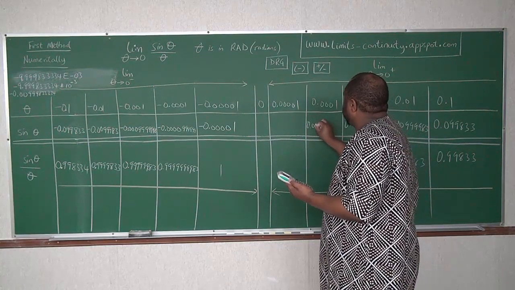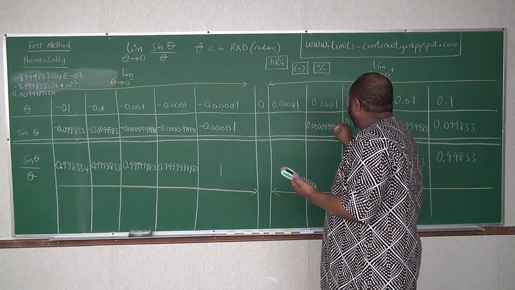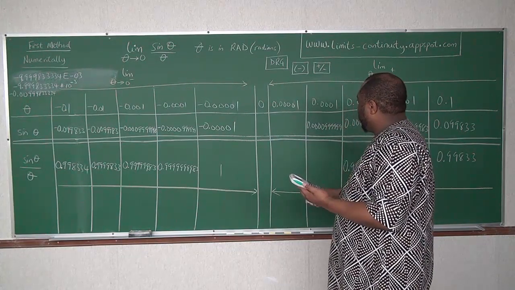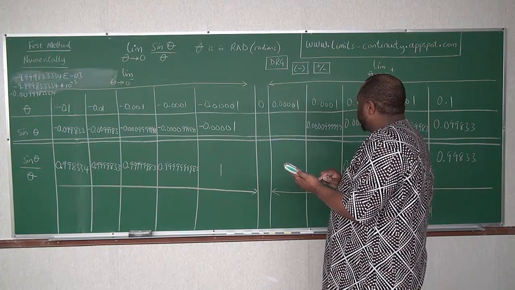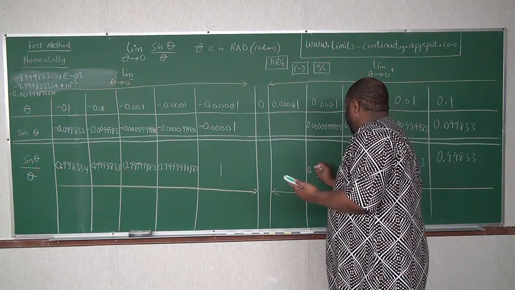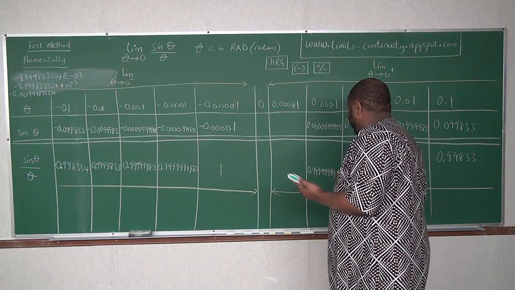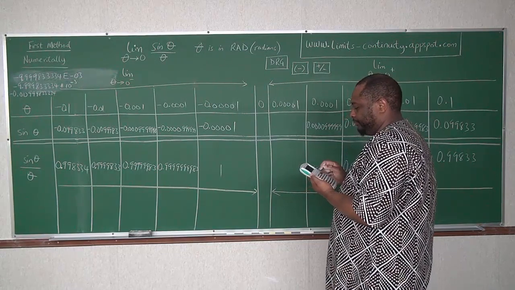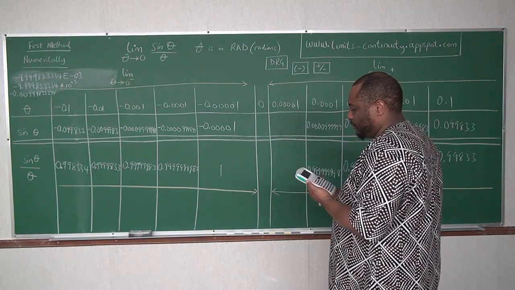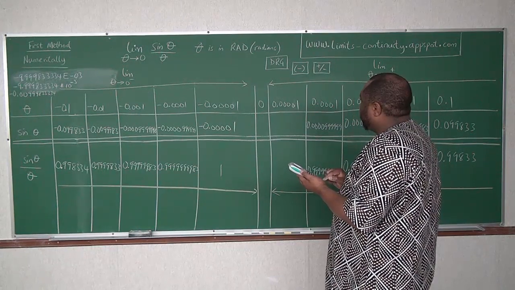0.0000, okay, 9, 9, 9, 9, 8 nines, and divided by that, 1, 2, 3, 4, 5, 6, 7, 8.